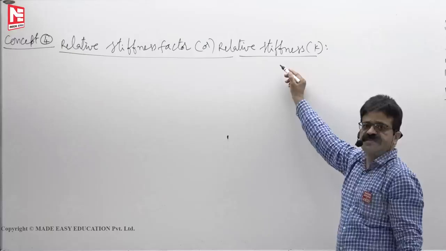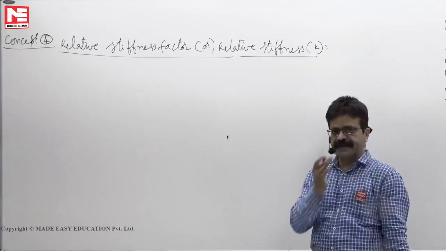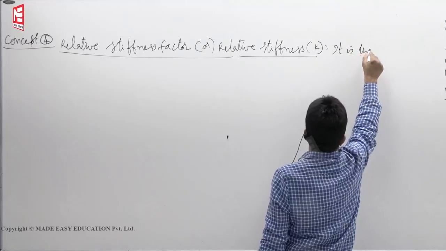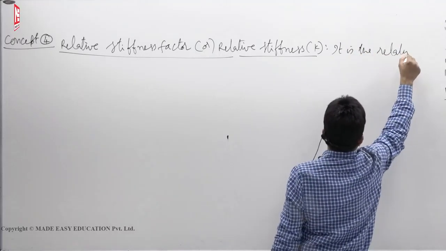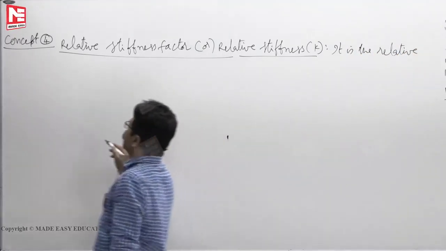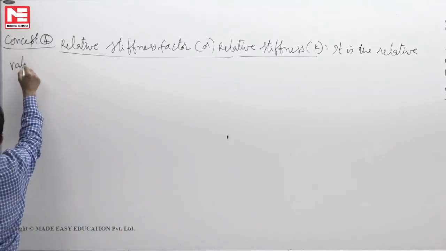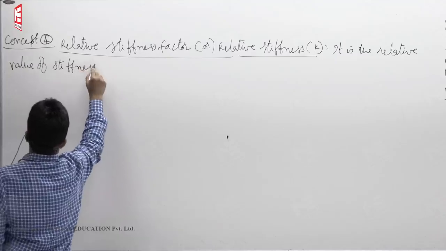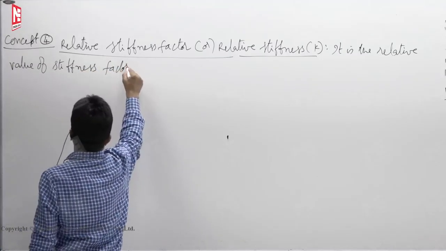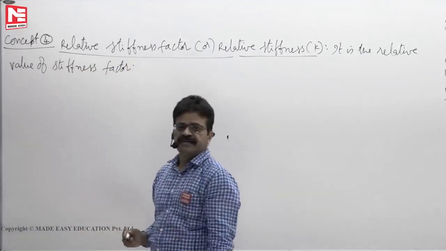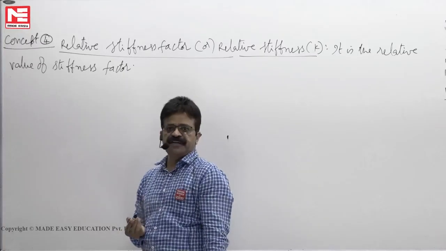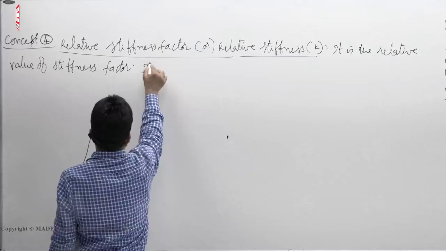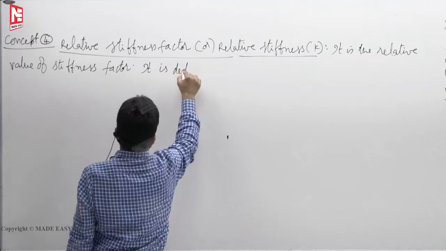Relative stiffness means it is a relative value of the stiffness factor. Why we define such relative values is just to simplify our calculations.